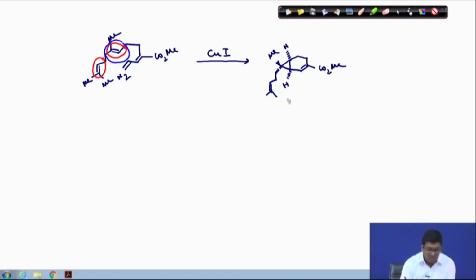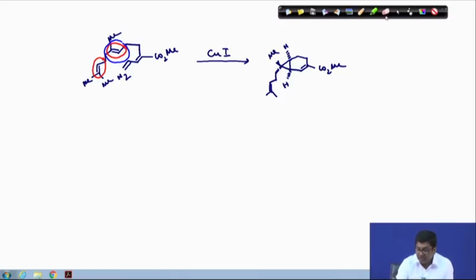So, you will get this stable 6-member ring. Otherwise, in this case it will form a very large member ring, rather than forming 6-member, which is much easier. So, it reacts, or the carbene, the metallocarbene, adds to this olefin.